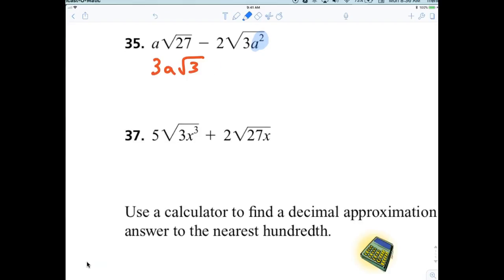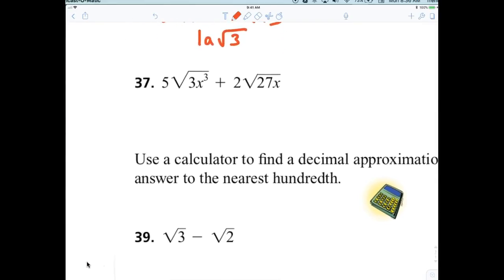Minus 2a radical 3. Is everybody good with that? So you move it. Yeah, so it's just 3a minus 2a, which is 1a radical 3 or just a radical 3. All right, either way. Okay?